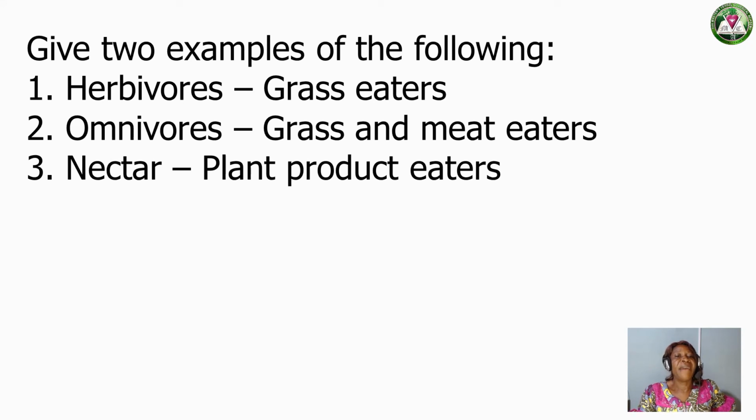Remember we talked about herbivores, which are grass eaters. If you know the animals that eat grass, they are the herbivores. Give 2 examples of it. Omnivores, the grass and the meat eaters. And nectar feeders, plant eaters.